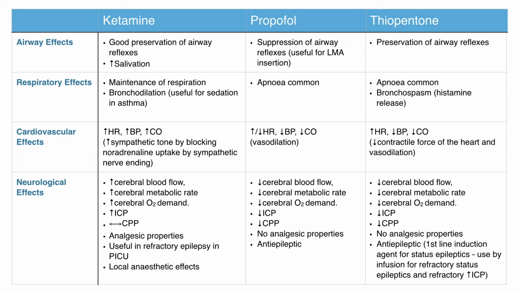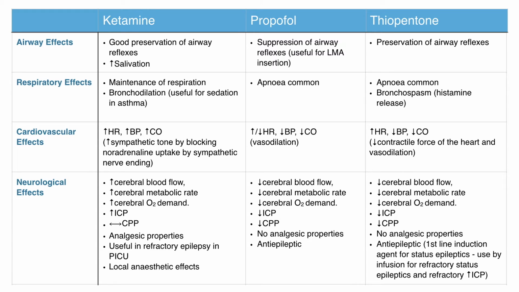So this is particularly important if the patient's having a painful procedure done. You need to be aware that propofol and thiopentone won't provide any pain relief, whereas ketamine does have some analgesic properties. The other useful property ketamine has over the other two is that it has local anaesthetic effects as well, meaning it can be added into epidurals.